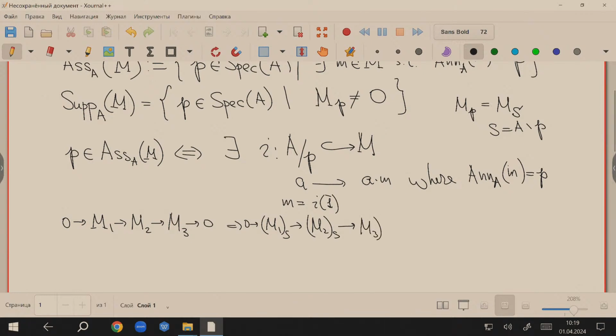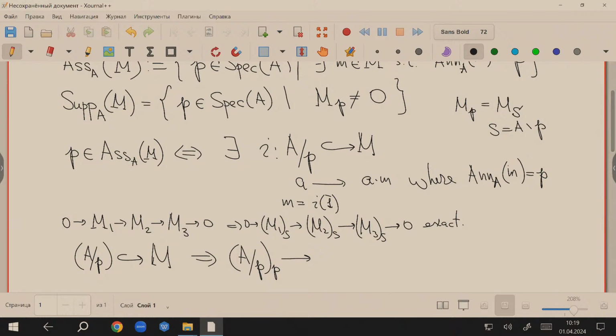this is exact. So if you have the inclusion of A mod P in M, you can localize with respect to P, and when you localize, you have a non-trivial inclusion into M_P.